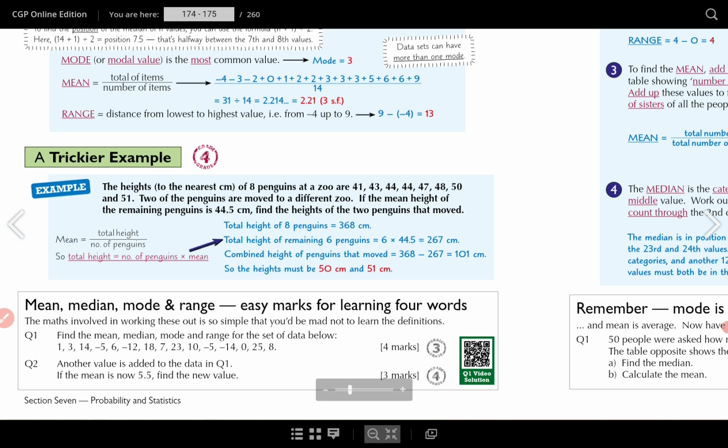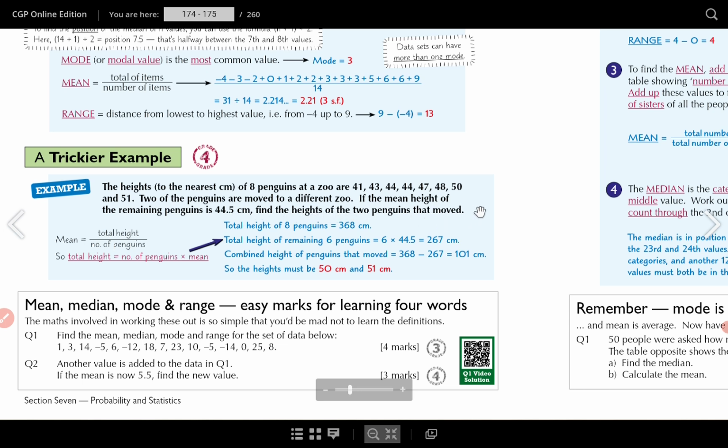The way I'm looking at them, they are already arranged in order. Two penguins are moved to a different zoo. If the mean height of the remaining penguins is 44.5, find the height of the two penguins that were moved.